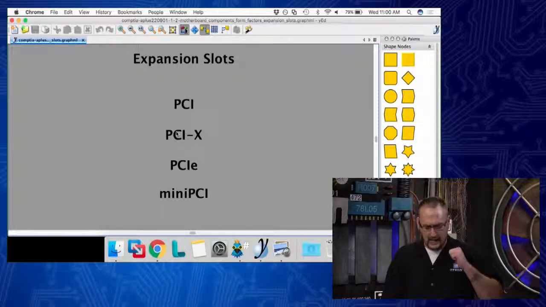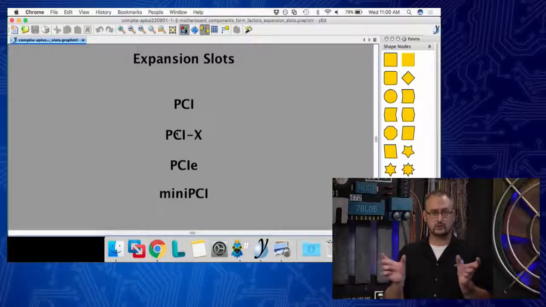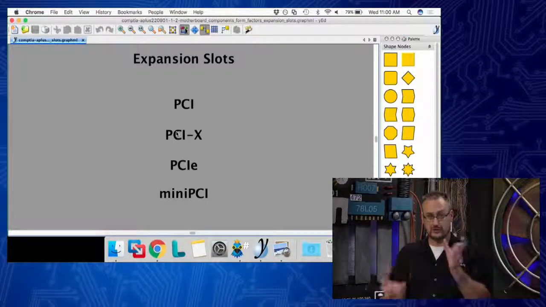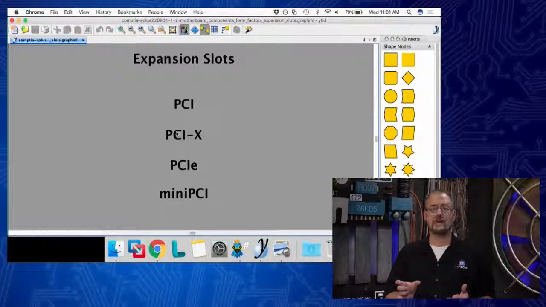All right. This is a 32-bit bus, or it could be a 64-bit bus, which means 32 bits wide going into the CPU. I want you to remember that you could have two 32-bit buses on a single board, and each one of those buses could have 5 cards.